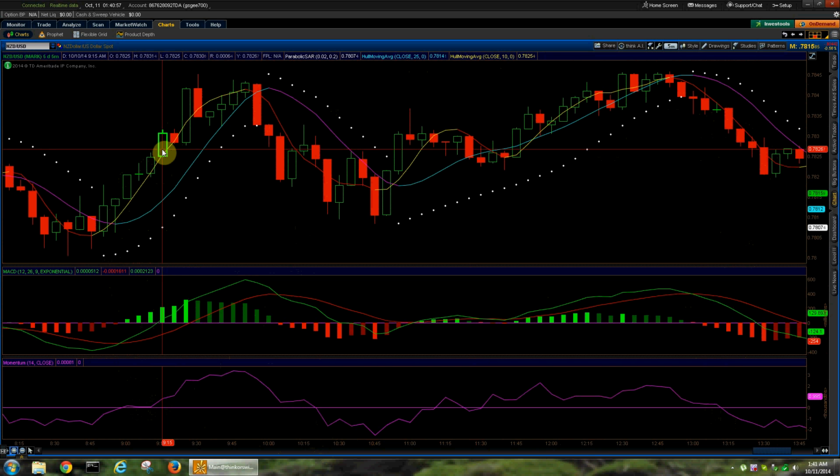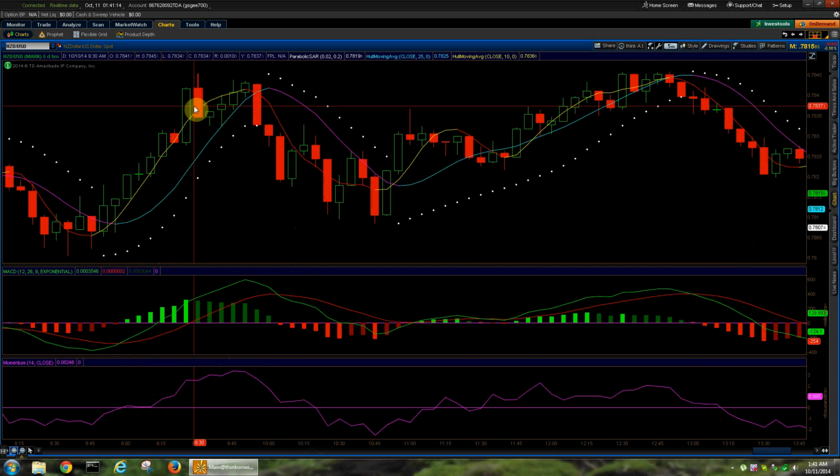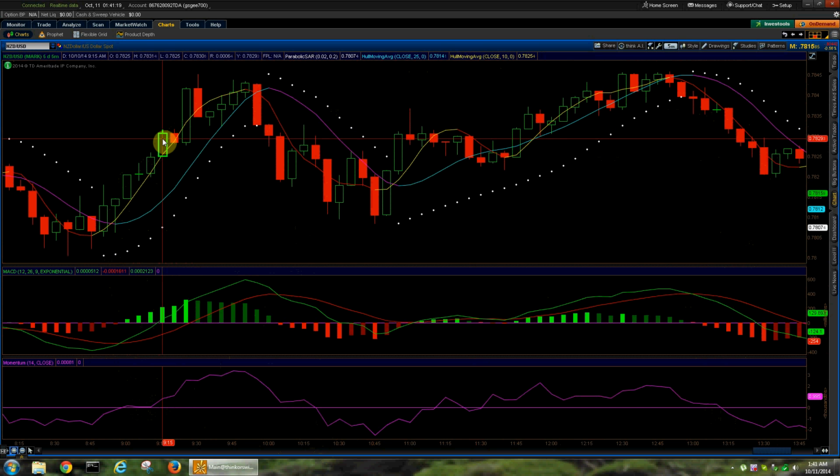Now nobody knows how long these uptrends are going to last, and using hindsight you can see that this uptrend still has a little bit more to go, but this is kind of high up in the uptrend to actually be taking a trade. If you would have taken a 10-minute trade here or a 15-minute trade, you would have won either one of them.